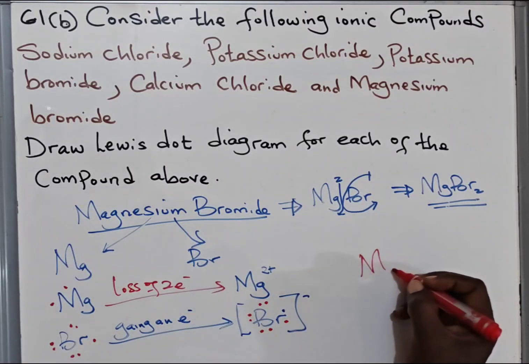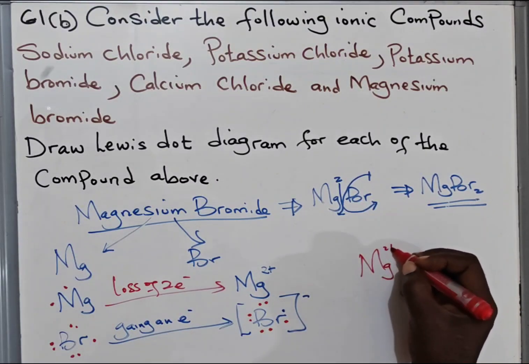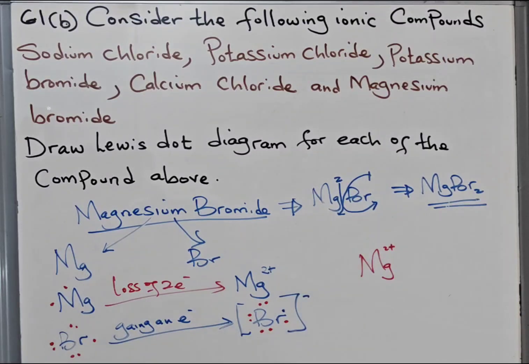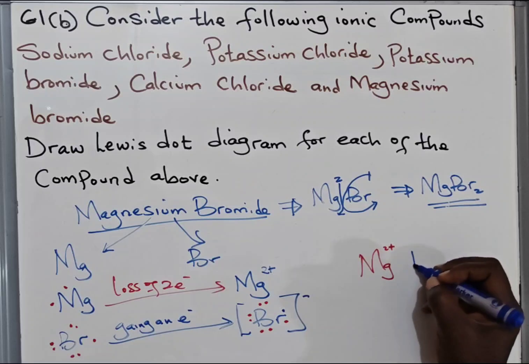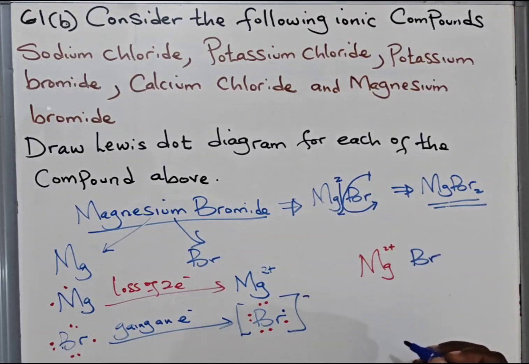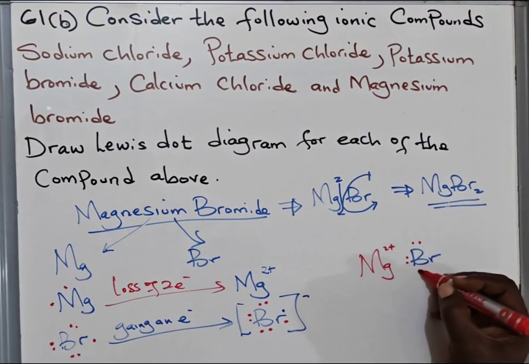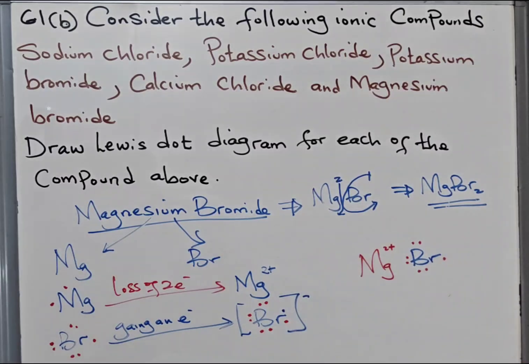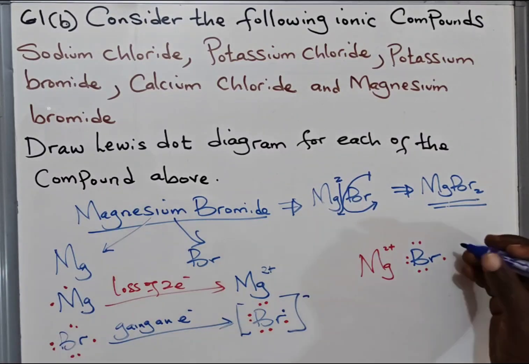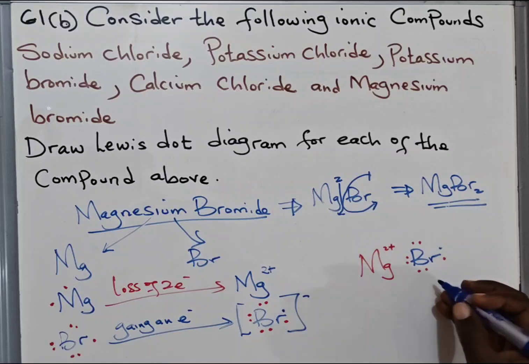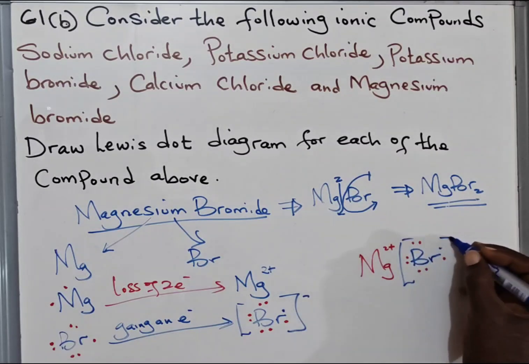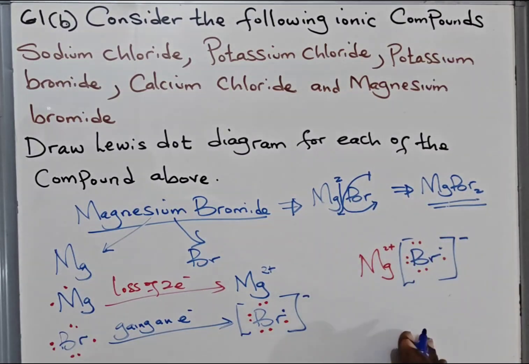You have your magnesium with the ions, and then on one side we put Br, which is our bromide ion. But you have to remember that it has 1, 2, 3, 4, 5, 6, 7, plus that one which it gained, 8. And because it gained that one, it's now negative. So we put a bracket and negative.